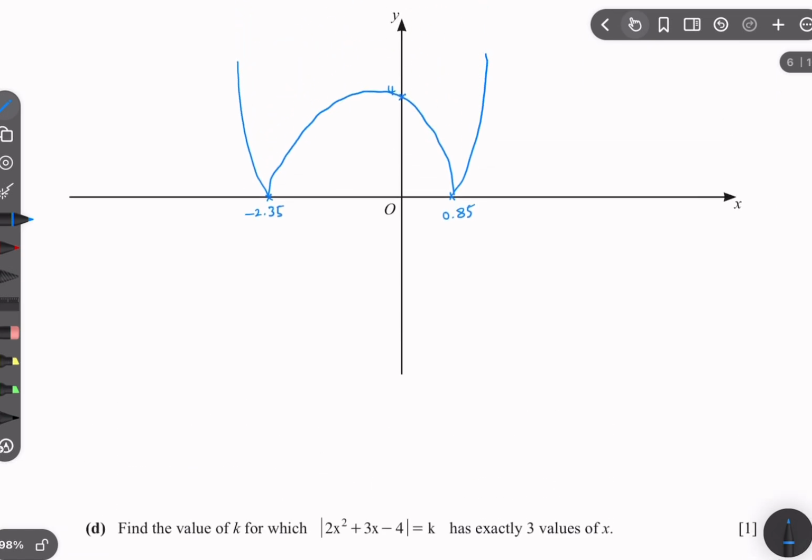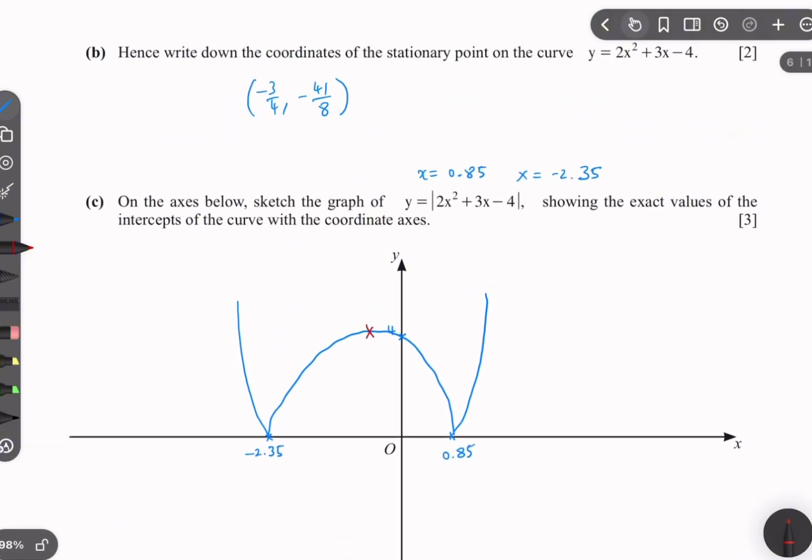Okay, part D, find the value of k for which this equal to k has exactly 3 values of x. For there to be exactly 3 values of x, it must be at this point, which is the stationary point of the curve.